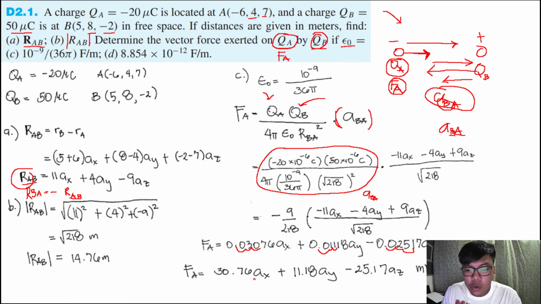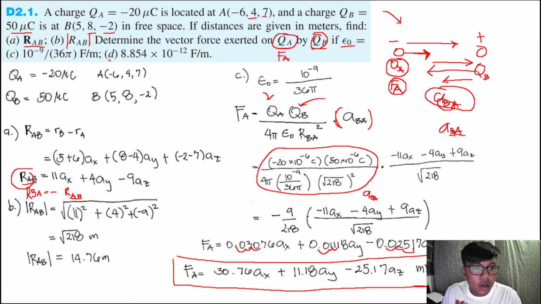So, we have 30.76 A sub x plus 11.18 A sub y minus 25.17 A sub z millinewton. Wherein millinewton is 1 times 10 raised to negative 3 Newton. So, pwedeng ito ang sagot.